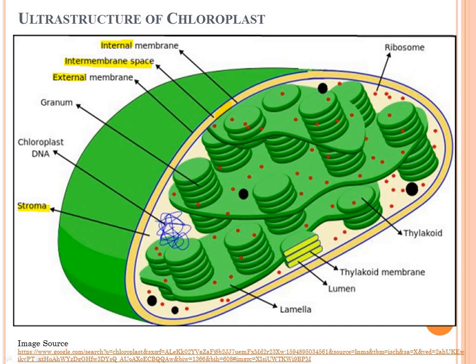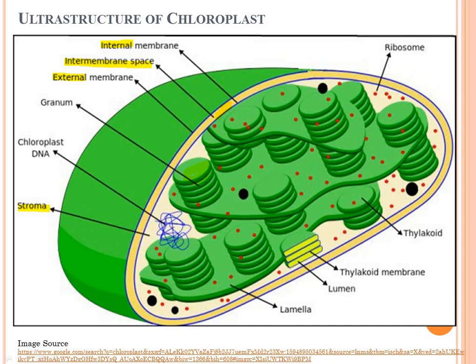These grana are made up of thylakoids. These thylakoids stick over one another to form a grana. All these grana are connected by stromal lamellae. The connection between two granas is known as stromal lamellae.